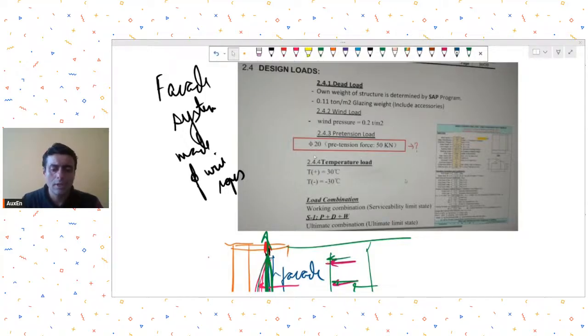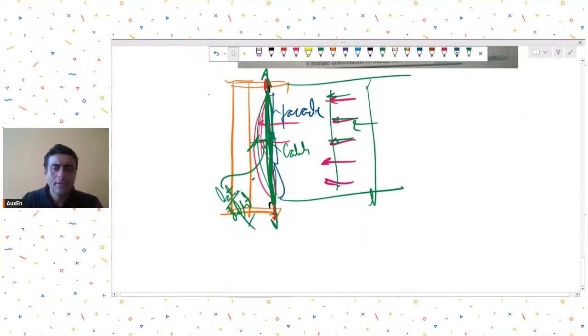You need to know the length, or in this case the height over which you are going to provide the cable. Then you need to know how much force is expected on this facade system which will be transferred to the cable, and then you also need to know how much deflection limit has to be maintained.